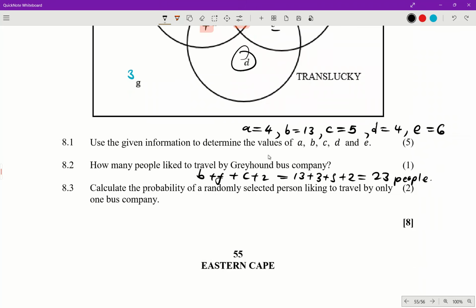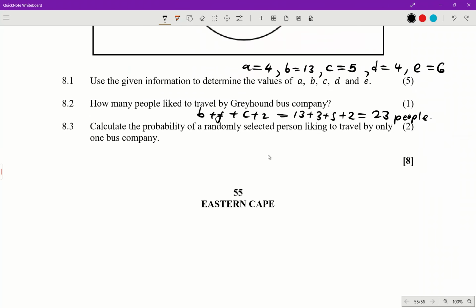So let's take a look at the next one. I think that's the last one here. So guys, let's see. Alright. We're left with like 20 minutes. Alright, let's see. Calculate the probability of a randomly selected person likely to travel by only one bus.